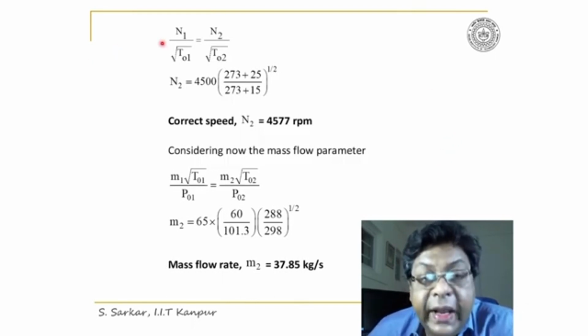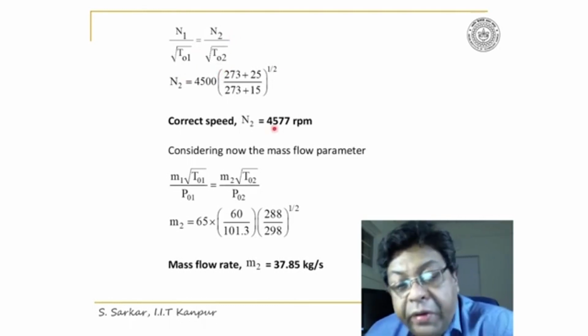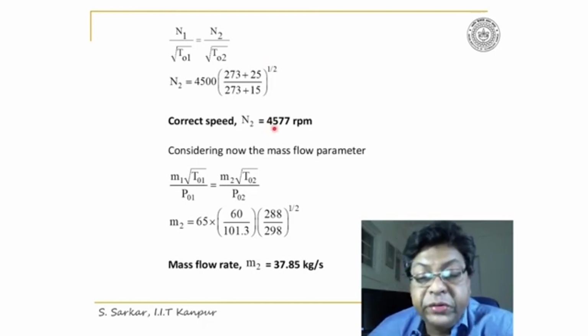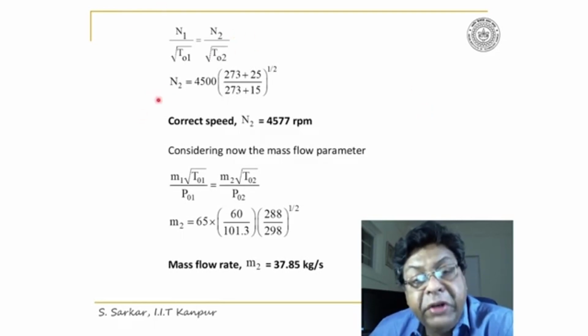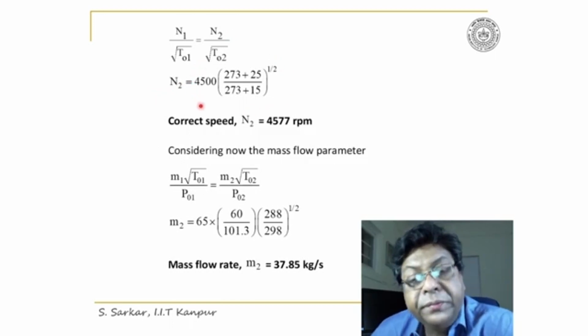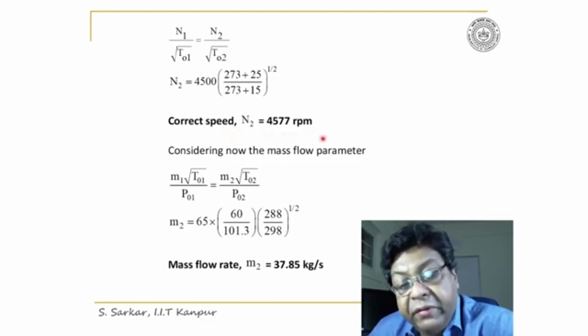So I can write N1 by root over T0,1 must be equal to N2 by root over T0,2, where 1 refers to condition 1, and similarly subscript 2 refers to condition 2. Now from here I can evaluate, as all other data are known to you. So I have evaluated the corrected speed as 4577 rpm.